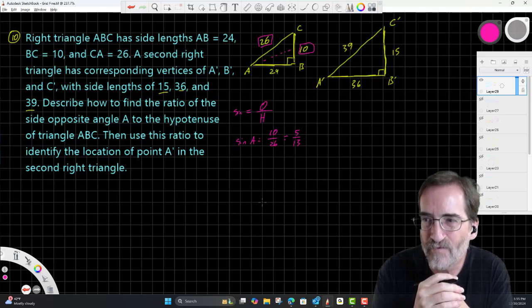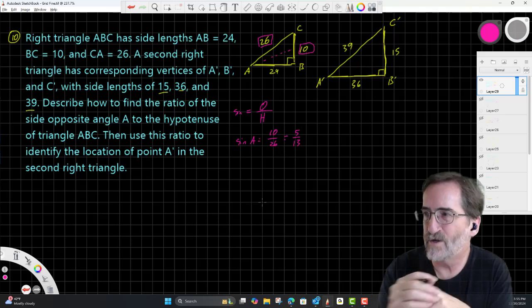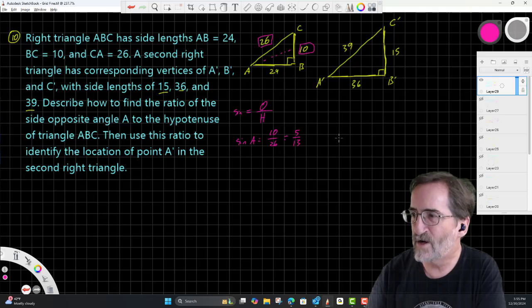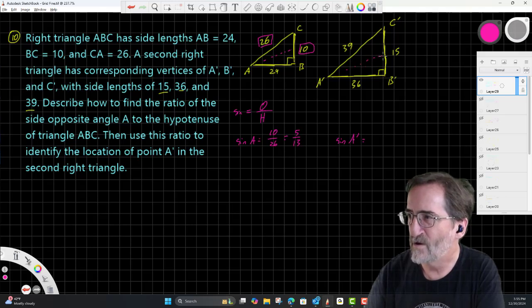Use this ratio to identify the location of point A in the second right triangle. So I want to verify the sine of A prime is the same. Sine of A prime is opposite 15 over hypotenuse 39.